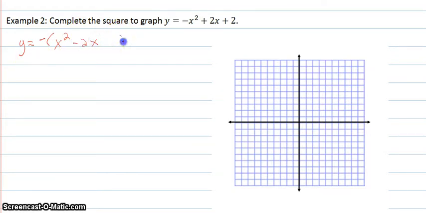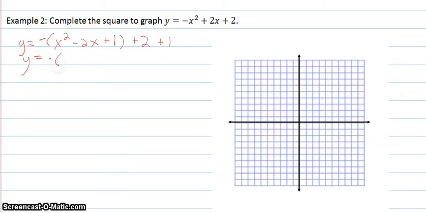I'm going to leave a space, and then put my plus 2. So I take half of the negative 2 and square it, so that'd be a negative 1 squared, so that's plus 1 here. Now because of this negative sign on the outside, that makes that a negative 1, so I would actually add 1 here, so that when I put those two back together it would be a 0, and it maintains the balance of the equation.